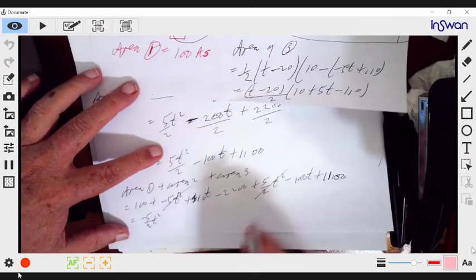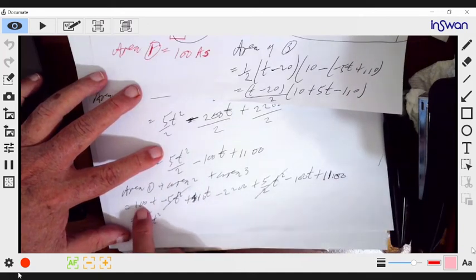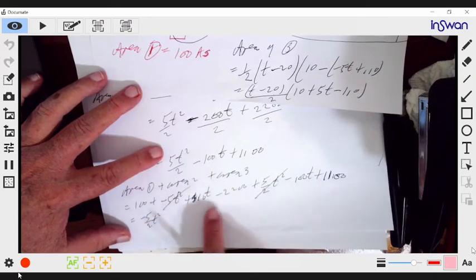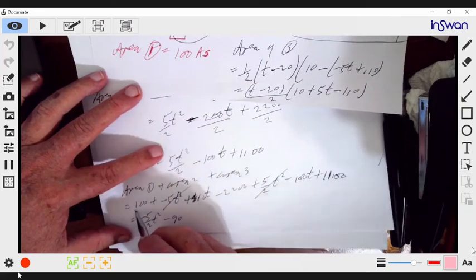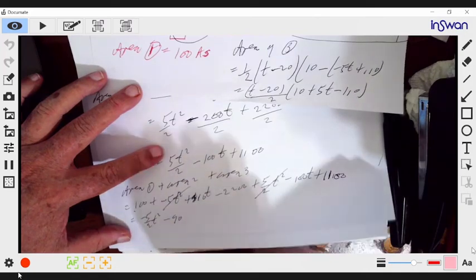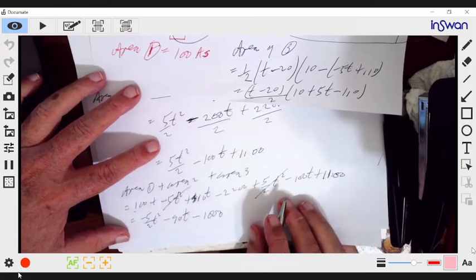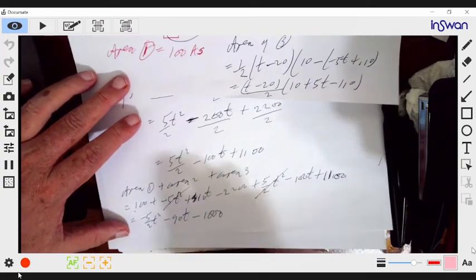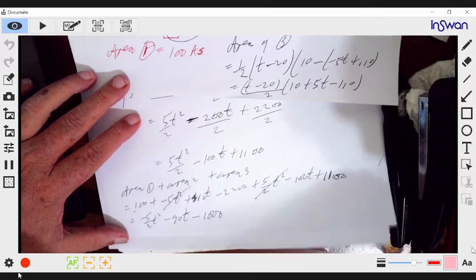That's that and that. Okay, that's 10. So 10t plus minus 90t minus 90 minus 90 minus 1100 minus 1000. All right. Okay, that's the total area.